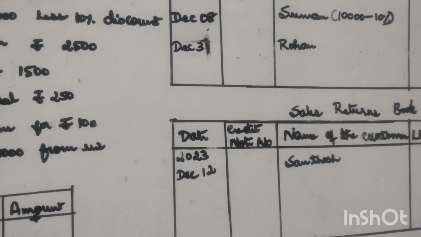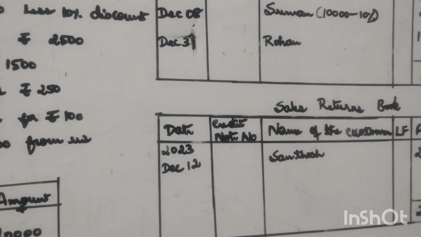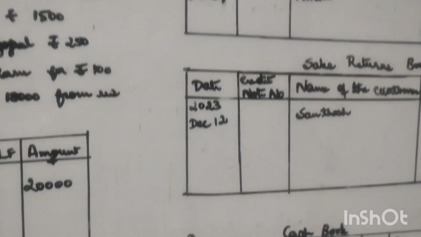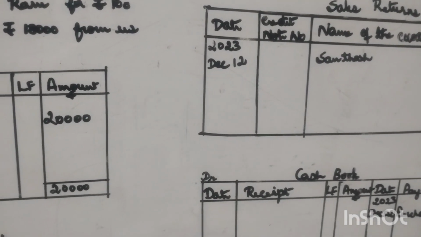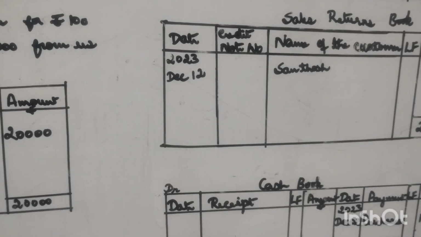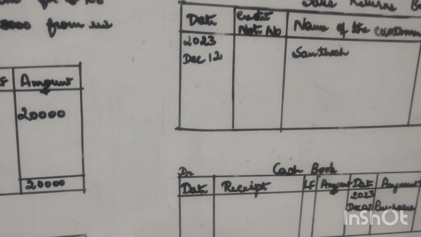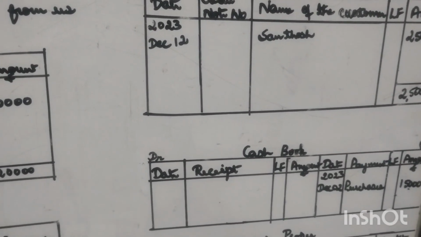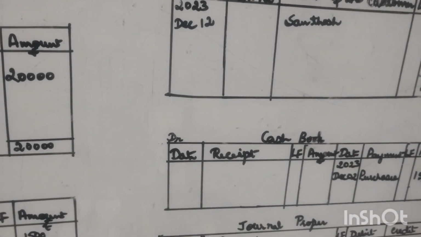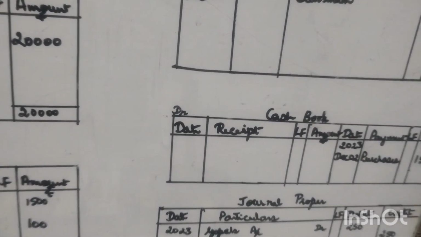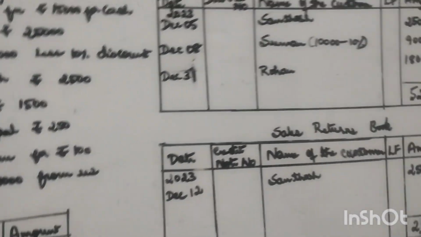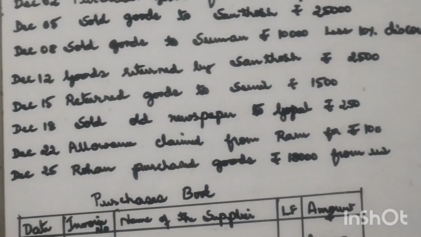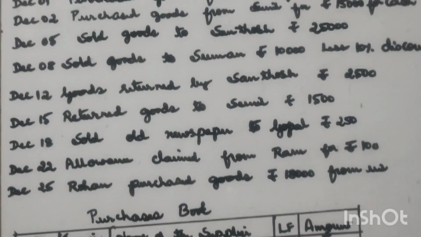Sales returns book: date, credit note number, name of the customer, ledger folio, amount. Cash book: debit side, date, receipt, ledger folio, amount. Again credit side, date, payments, ledger folio, amount. Journal proper, where journal entries must be made. So this is how these transactions must be recorded in these subsidiary books.